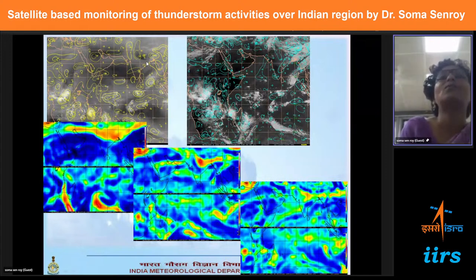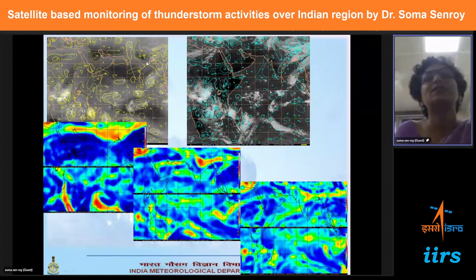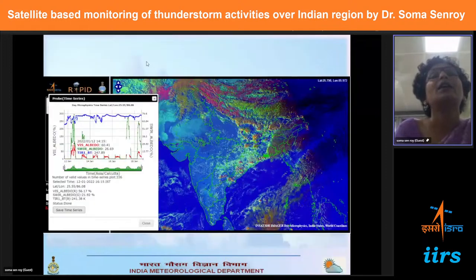So at 9 UTC throughout, it is indicating that over East India there is an increase in the convergence in the lower levels. I did not show the evolution, but there is an increase in convergence and an increase in vorticity in the lower levels over East India. So everything is favorable for, if convection is happening, it is likely to increase.